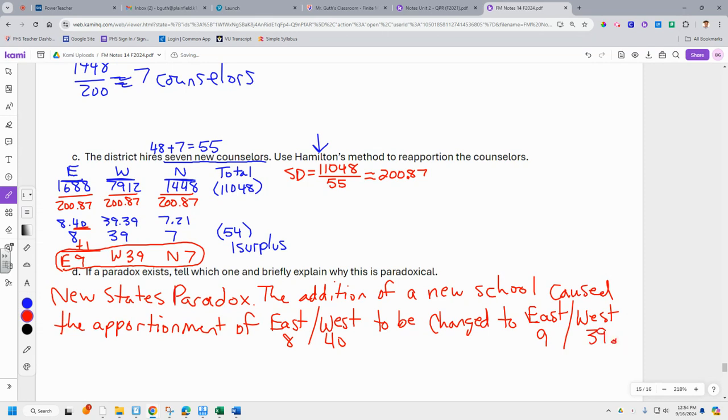The addition of a new school caused the apportionment of East and West to be changed from 8/40 to 9/39.